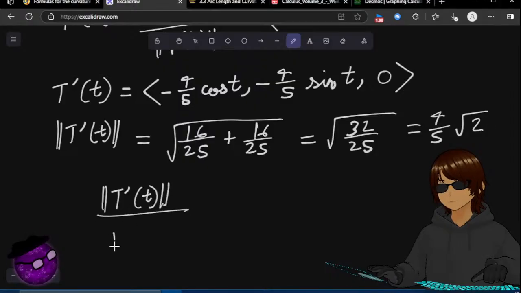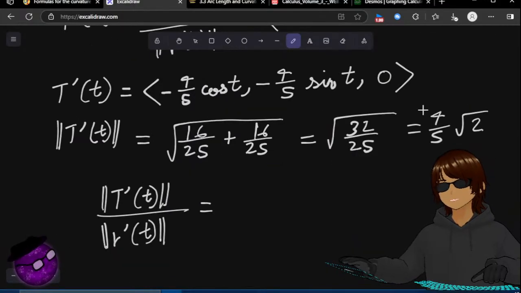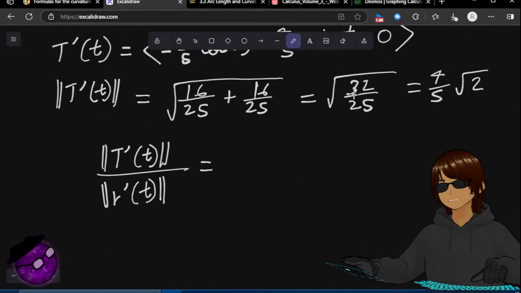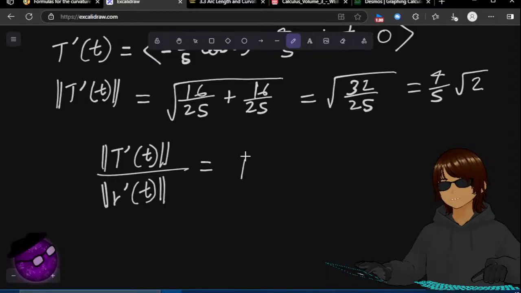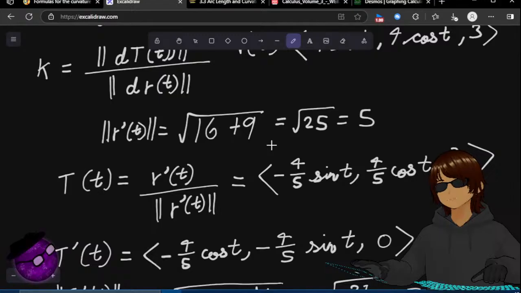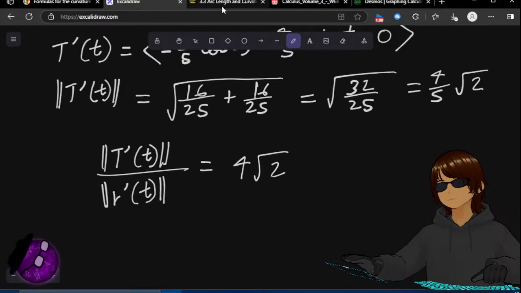So we have this divided by this. That's just 4 root 2, right? But it doesn't feel right.